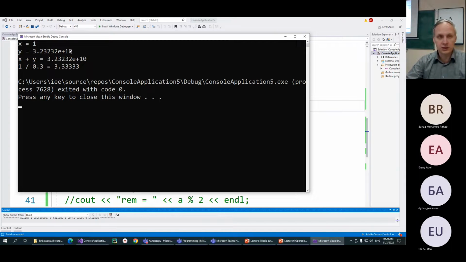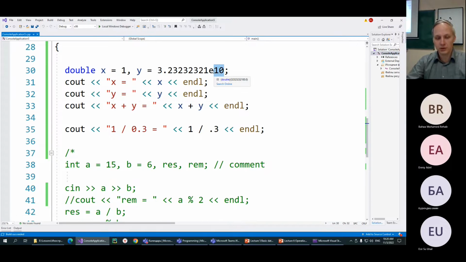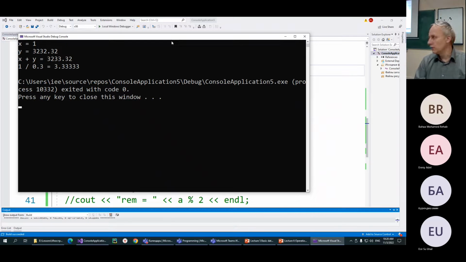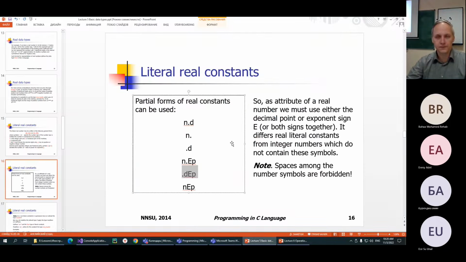If this power is large, it selects the scientific form. If this power is small, for example, just 3, I can write this number with the power 3. It will output this number in our usual form with a fractional part without scientific notation.